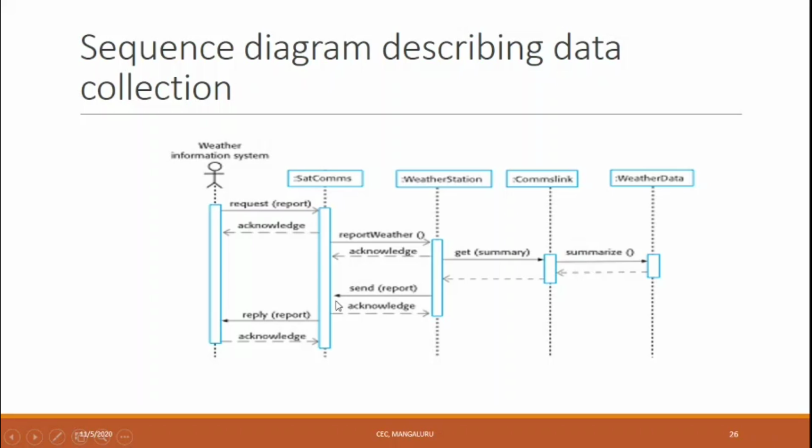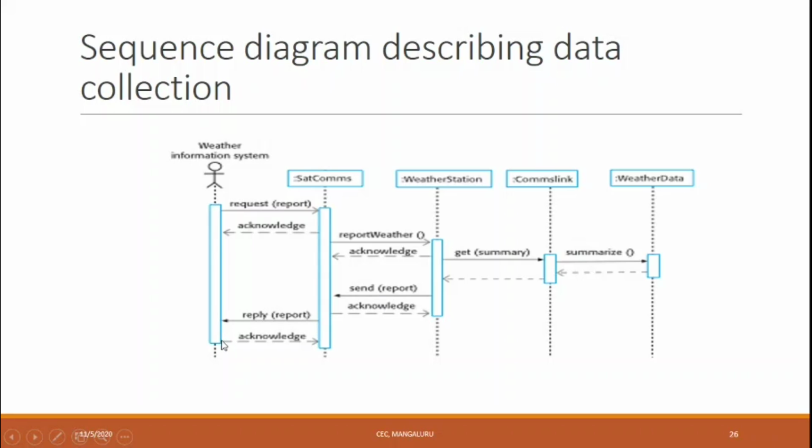It sends the summarized data to the satellite communication object, and to the weather information system through the satellite communication system. Once the satellite communication receives the data from the weather station, it sends an immediate acknowledgement that it received it, and replies back to the weather information system.